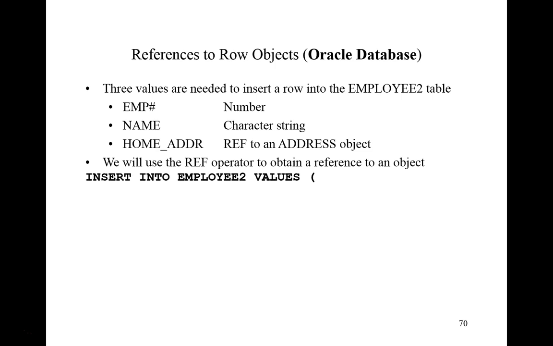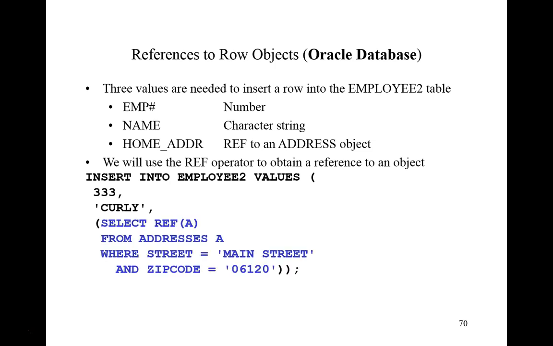We'll insert into the employee2 table a number. 333 would be the employee number that we're constructing. The name of this employee is Curly. And finally, we need to obtain a reference to an address object. This is accomplished by running a subquery. We select from the addresses table, using this correlation variable that we've chosen, A, pass that as an argument to the ref modifier or the ref function.